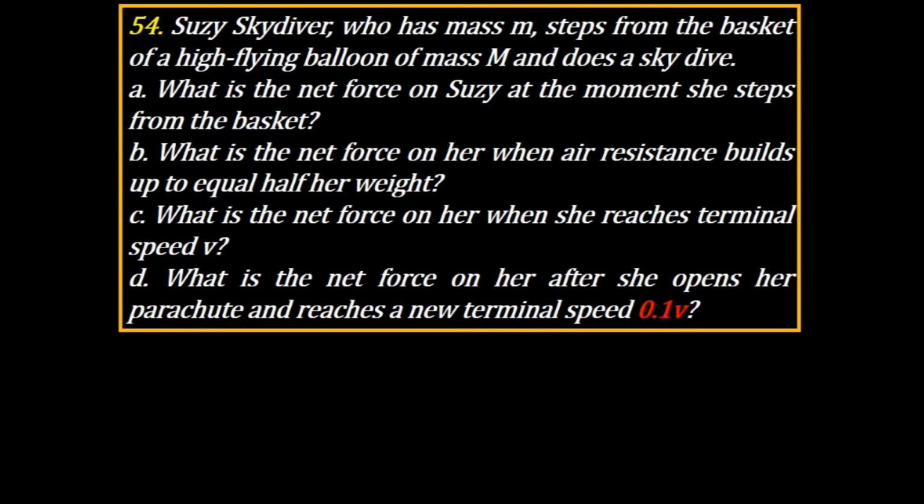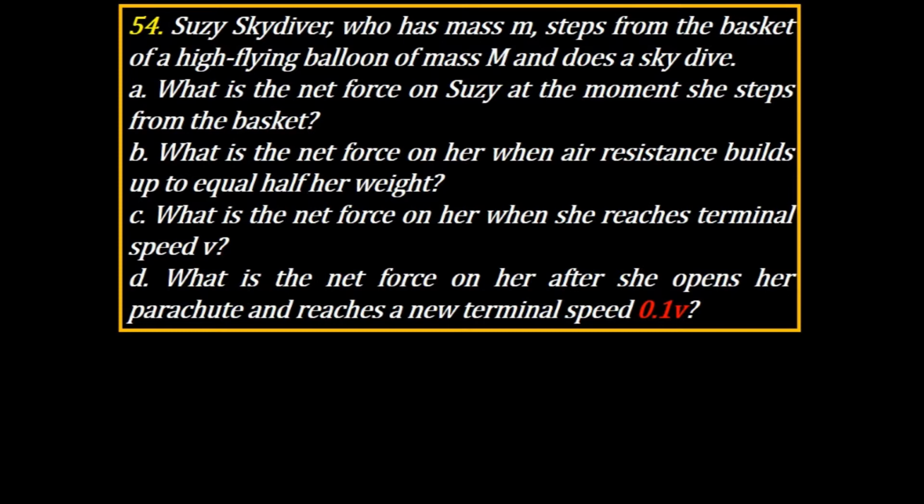And then what is the net force on her when she reaches terminal velocity? 0. And what is the net force on her when she opens her parachute and is reaching the new terminal velocity? Her net force would be 0 as well. So it would be her weight, half her weight, 0 and 0. That should be it, unless I have no idea what I'm doing.